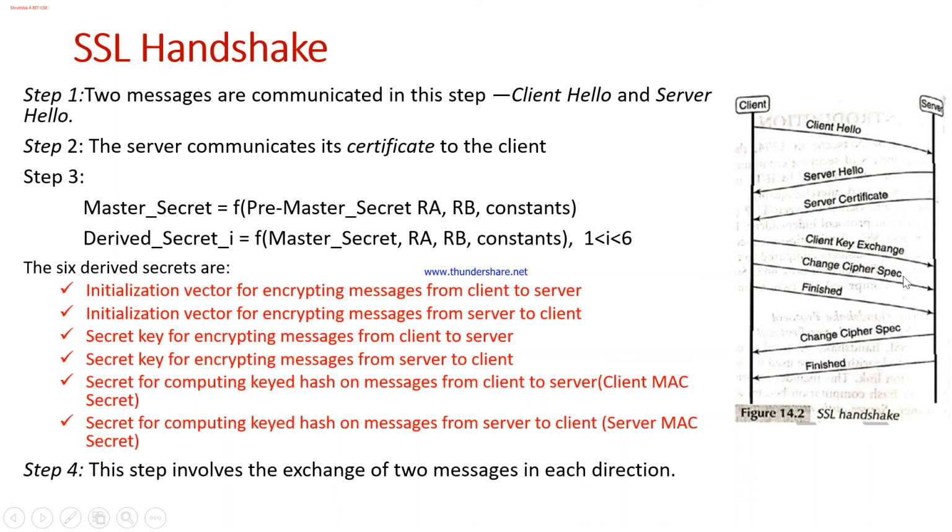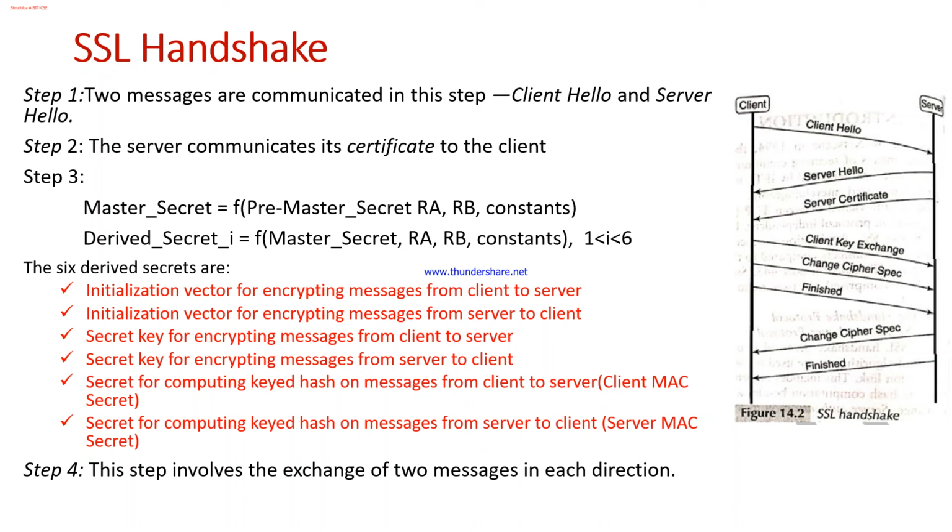Thereafter both the client and server compute the master secret. On receiving the pre-master secret, both the client and server will be computing a master secret. This is an HMAC style function.